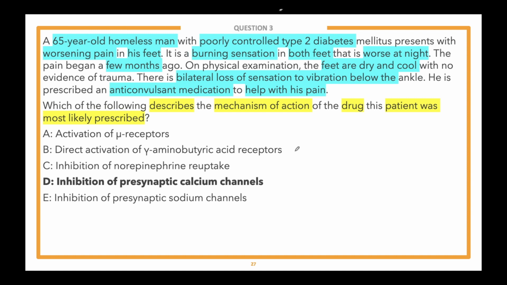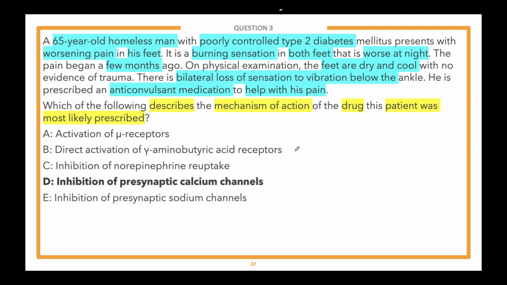Looking at the other answer choices, answer choice E, and we know this is an anticonvulsant, because they said that was what was prescribed. So answer choice E would be something like lamotrigine. Lamotrigine, it is an anticonvulsant that inhibits the presynaptic sodium channels, used for focal and generalized seizures, bipolar disorder as well, but not for diabetic neuropathy.